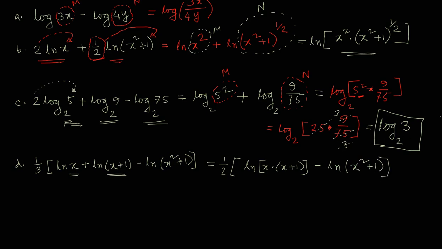Right, now let's concentrate here. So this whole quantity is my m and this quantity is my n. So what I have is logarithm m minus logarithm n. It is a quotient rule.